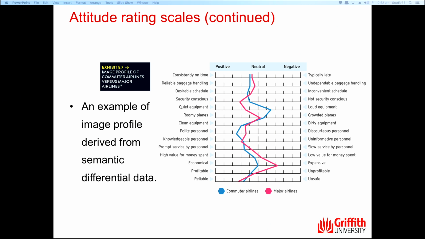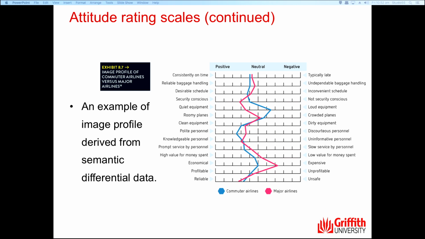And then you can see a nice profile, so you can see that for the major airline, the image is more toward very expensive, but also it's very reliable. But you can see also the commuter, the blue one, they have loud equipment, crowded planes.